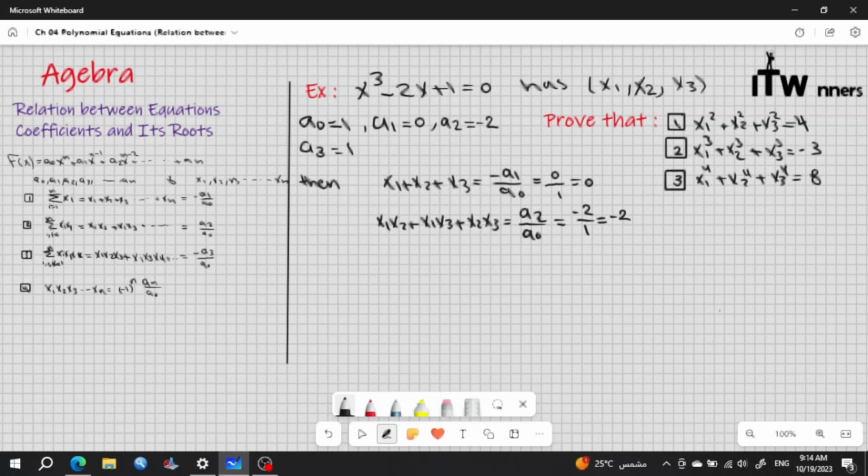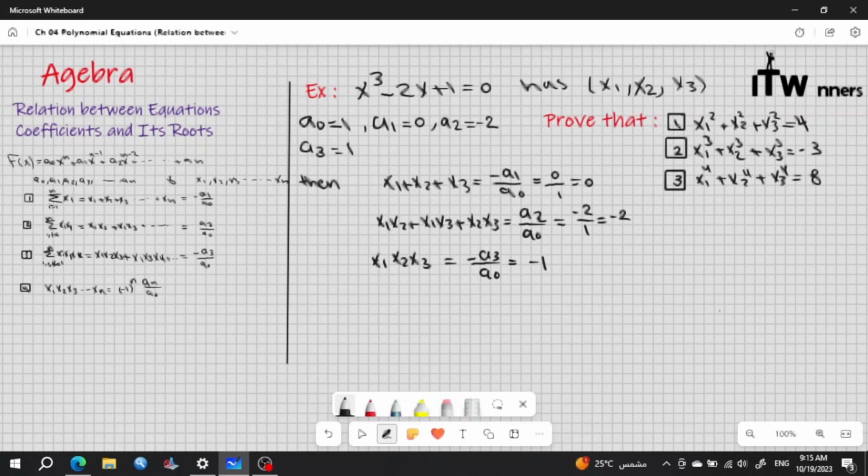Again, x1 x2 x3 will be equal to negative a3 by a0, that's equal to negative 1.